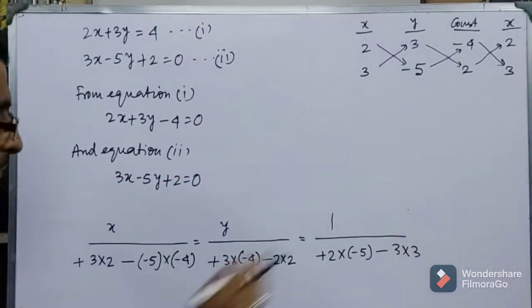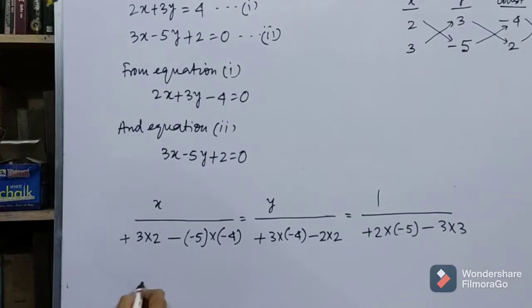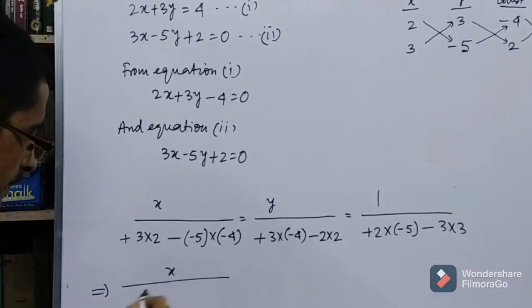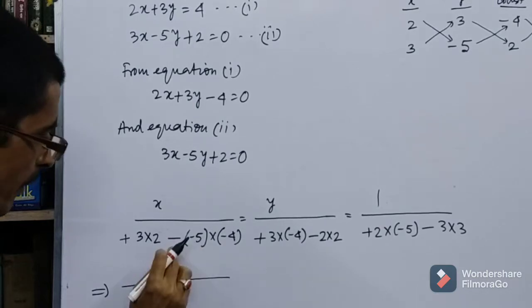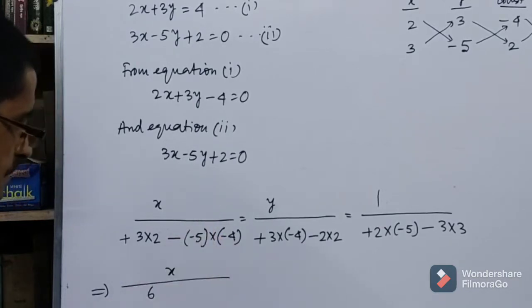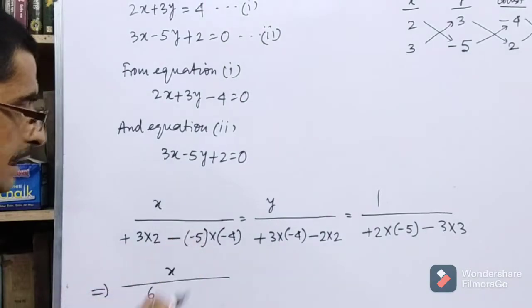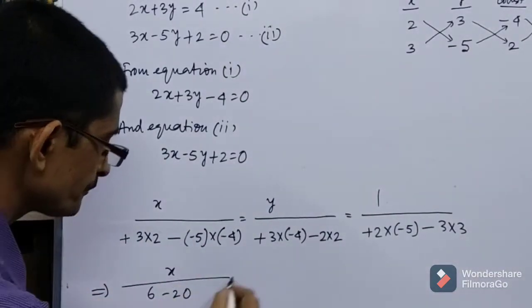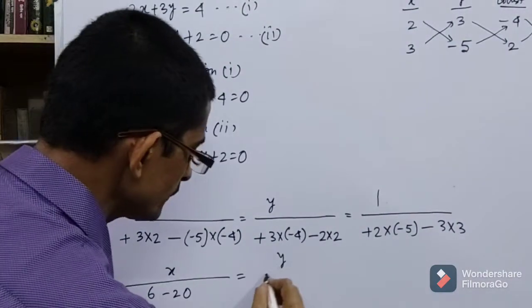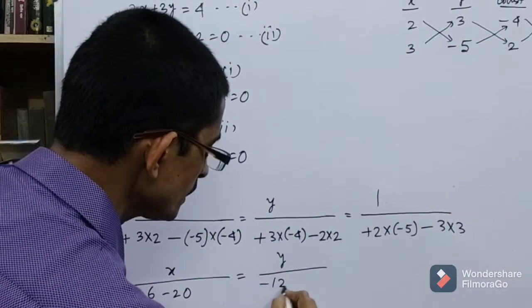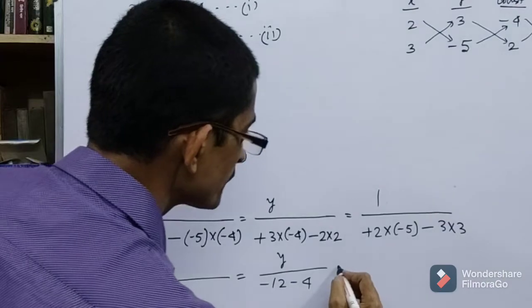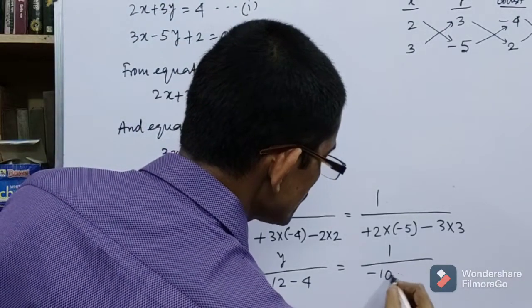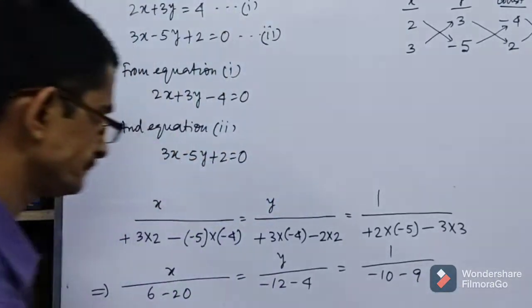Simplify all the denominators. I am simplifying here. X divided by 6 minus minus, so ultimately minus sign will appear, minus 20. Y divided by minus 12 minus 4. 1 divided by minus 10 minus 9.